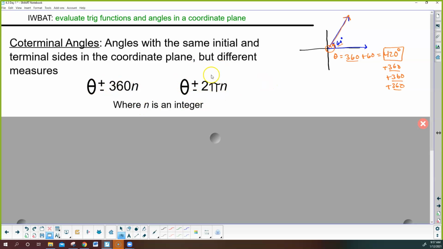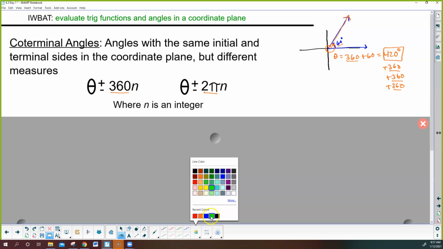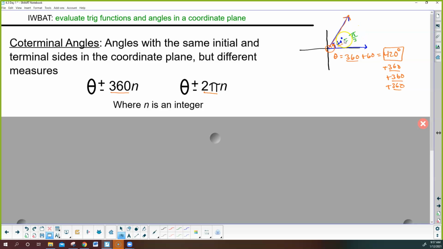Now, this is exactly the same thing. Remember, 360 degrees is the same as 2 pi. So if I wanted to think of this as 60 degrees being pi over 3, how would I represent the 420? Well, 360 degrees is the same as 2 pi, and 60 degrees is pi over 3.